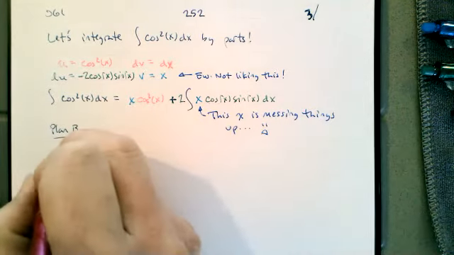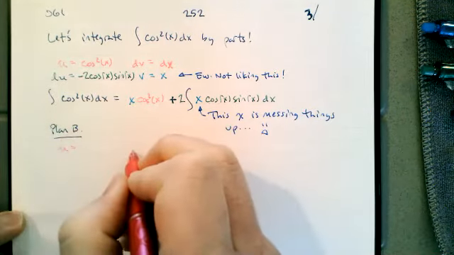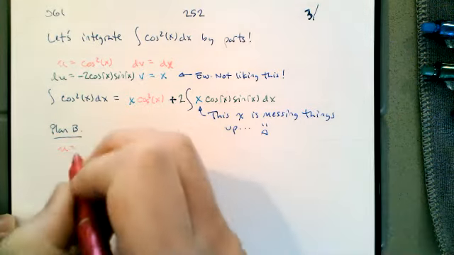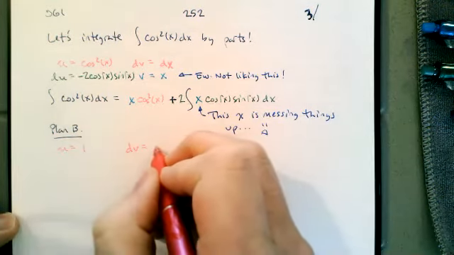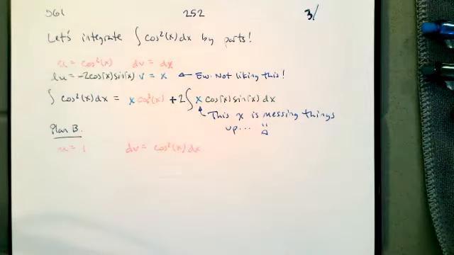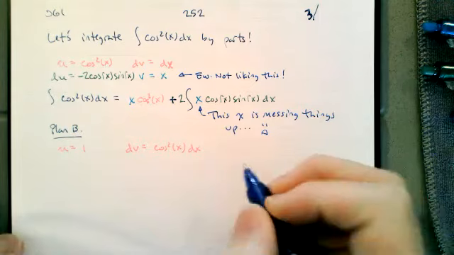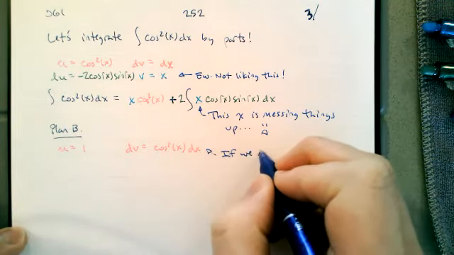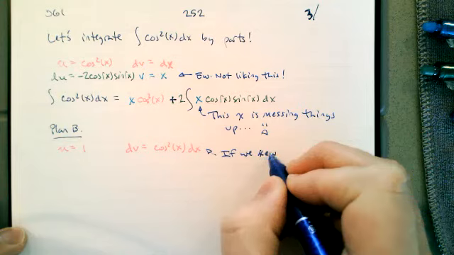So plan B, I need to pick a u and a dv. I can't just put 1 for u and dv as cosine squared x, because if I knew this, I wouldn't be using parts. I would just write down my answer. Oops.